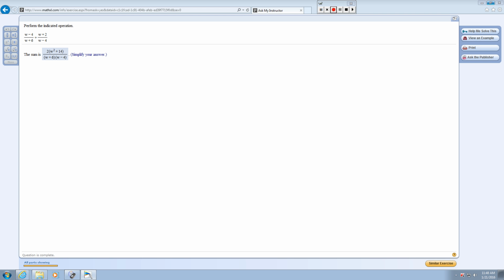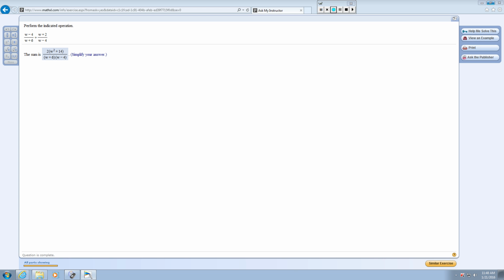So, this right here becomes, using shortcut number 2, W squared minus 8W plus 16. Plus, we don't have to worry about this because that's a positive 1, so it's not a negative 1, so it doesn't mess up everything.